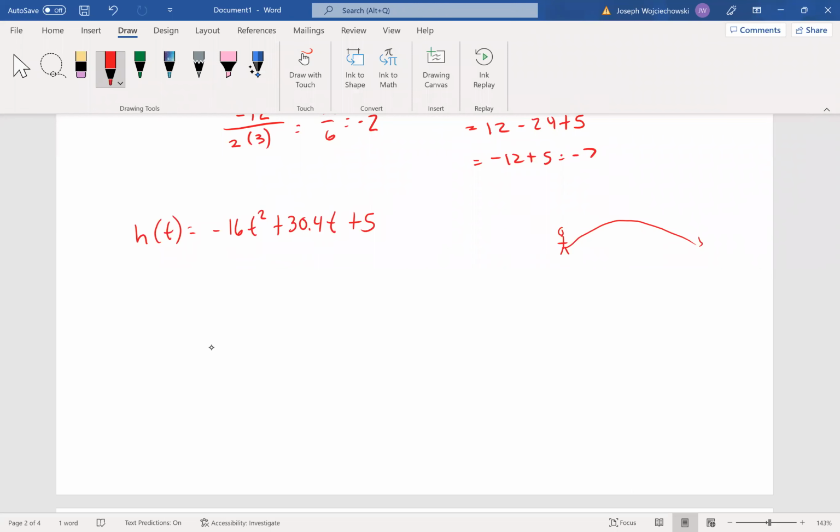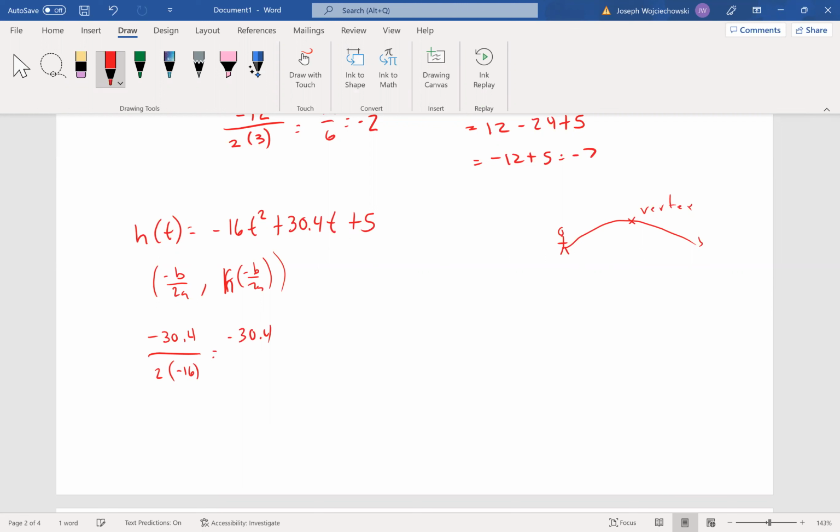Determine the time at which the ball will be at its maximum height. Well, it will be at its maximum height at the vertex, right? Since we have opening down. To find the vertex, I simply take negative b over 2a and f of negative b over 2a, or in this case, h. So negative b over 2a, well, negative b is negative 30.4 over 2 times negative 16.